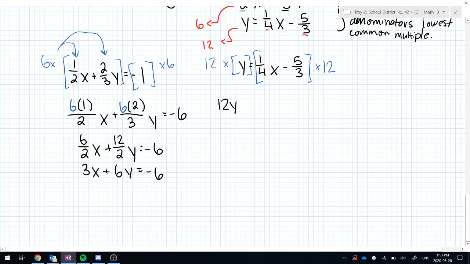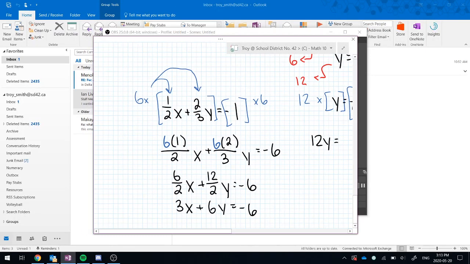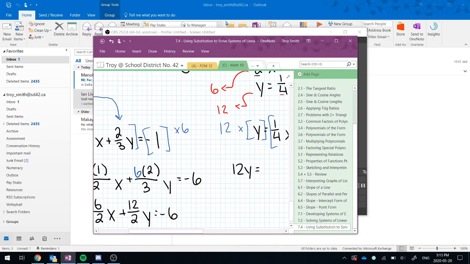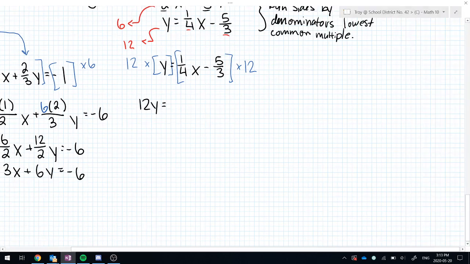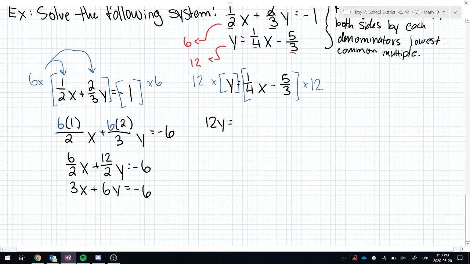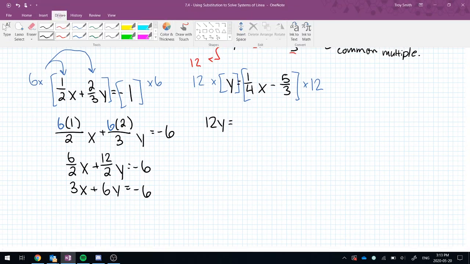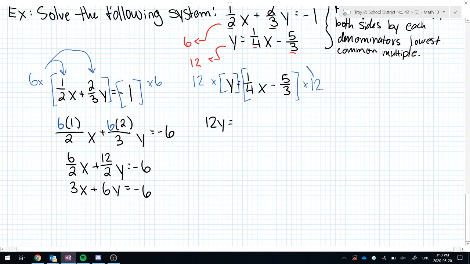Not much to do there. But again, on the right-hand side here, we have to use our distributive property. So it's going to go there, and it's going to go there. So there's my 12 on the 1/4. It's got a 1 in the numerator, so I got to make sure I bring that down. And it's being divided by 4. And I keep my x there.